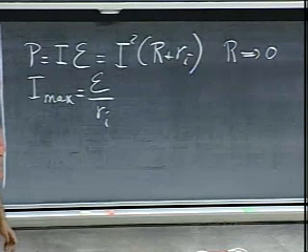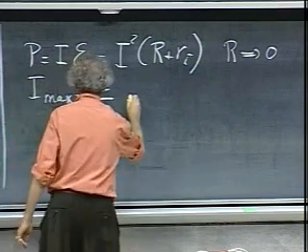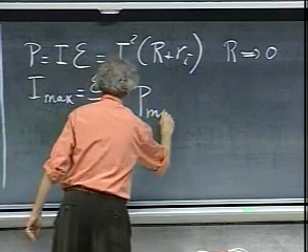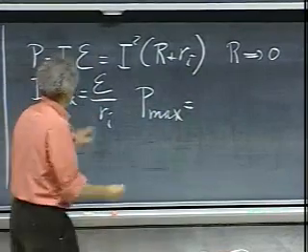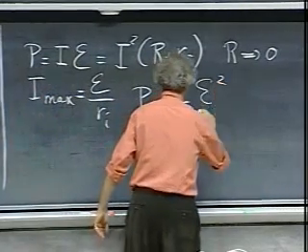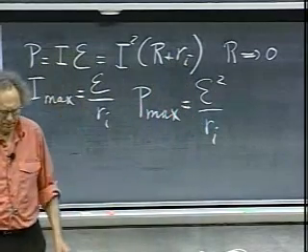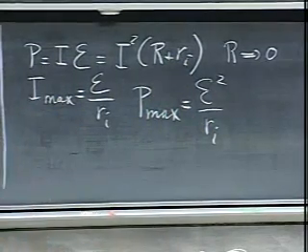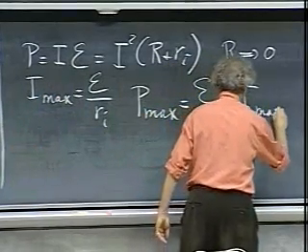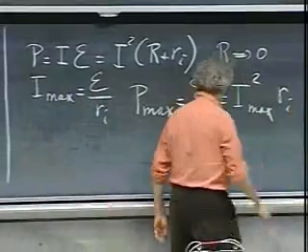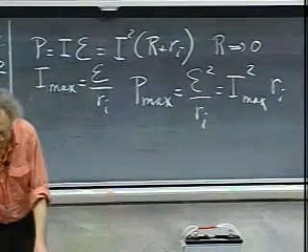And so you get a power, which is the maximum power, which is now E squared divided by R of I. It's the same thing. It is the maximum current squared times R of I, and all of that comes out inside the battery. Nothing comes out outside it.